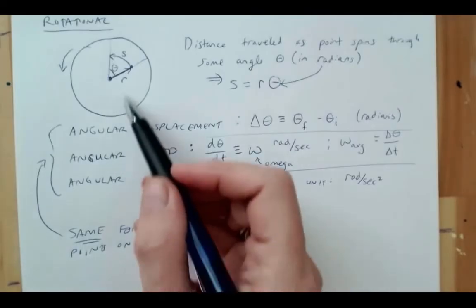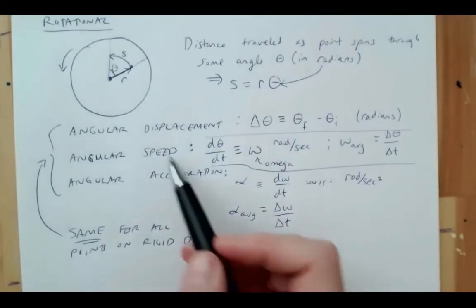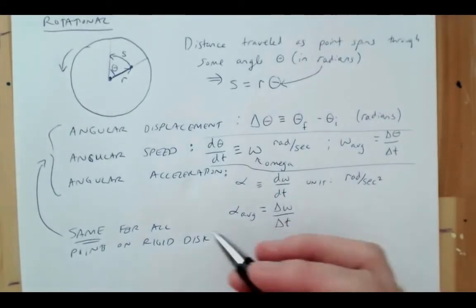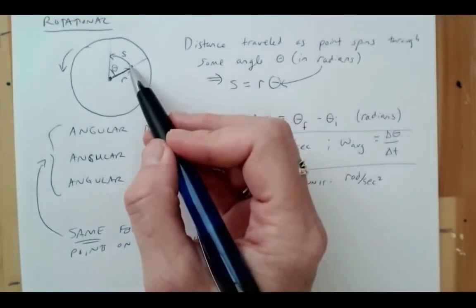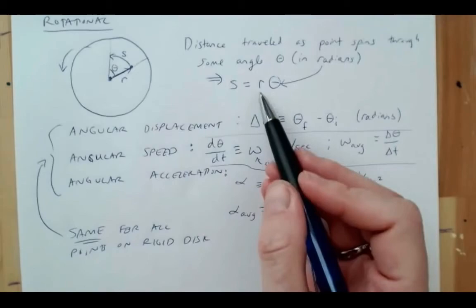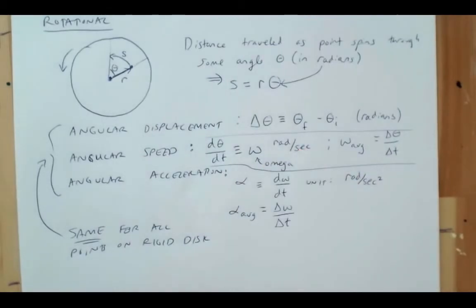The disk has some speed and acceleration and displacement in some given time. Now, on the other hand, when we start writing down the translational quantities for a specific point, we'll see that it will depend on this r value.